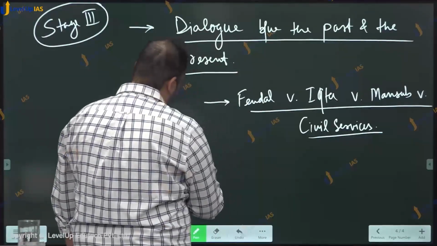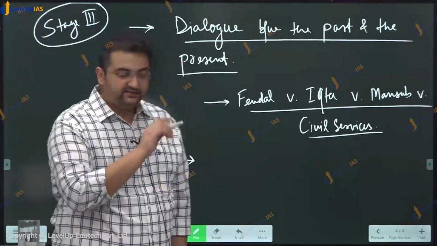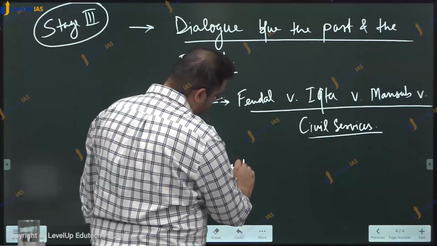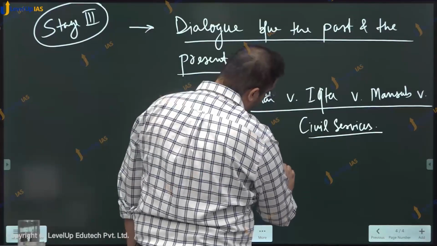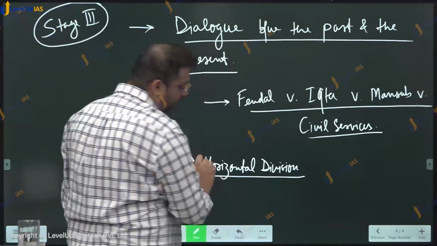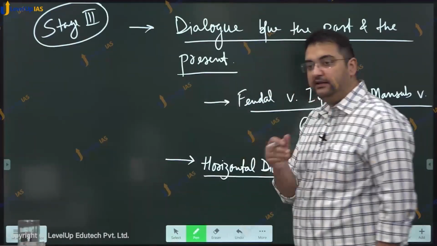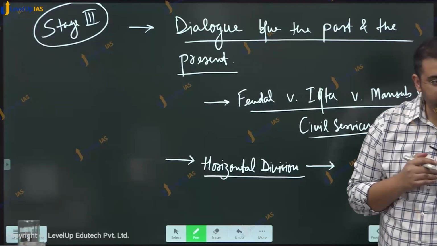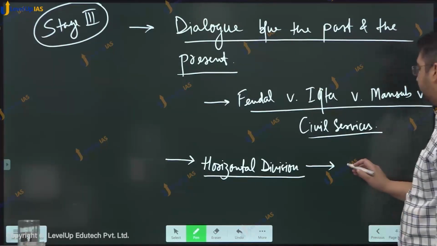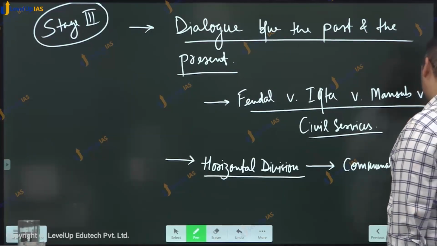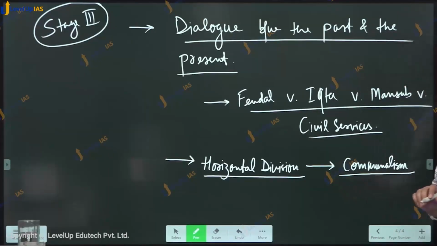Similarly, it may be possible for us to trace the horizontal division of the society which emerged in the initial decades of the establishment of Turkish rule to the problems of communalism, which reared their ugly head towards the second half of the national struggle, towards the second half of the colonial period, right?